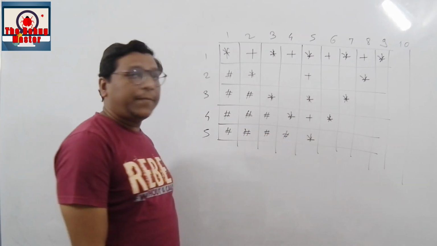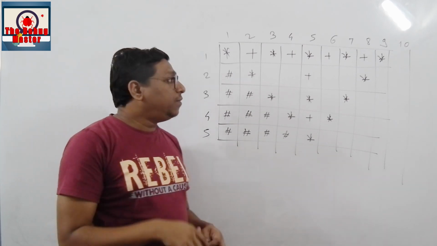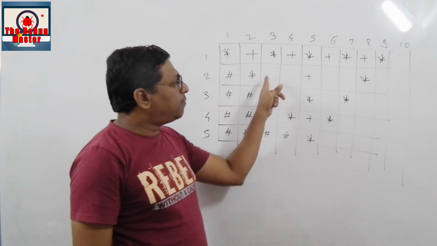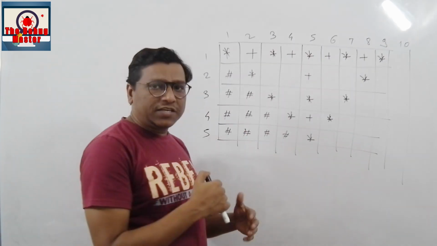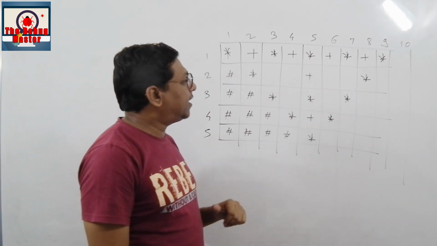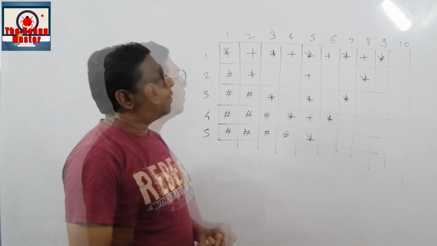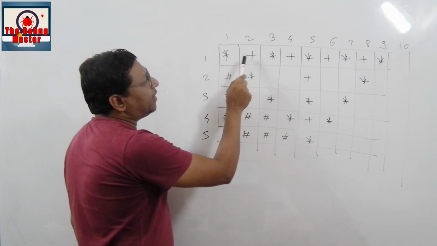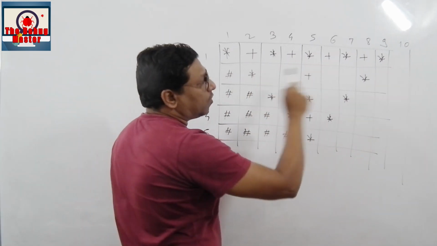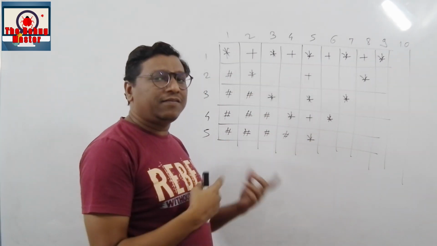Right friends? But the main problem here is there is a blank space in between the pattern also. But we shall discuss this later. And one more point here is that there are alternate symbols printed column wise. And it is very simple.